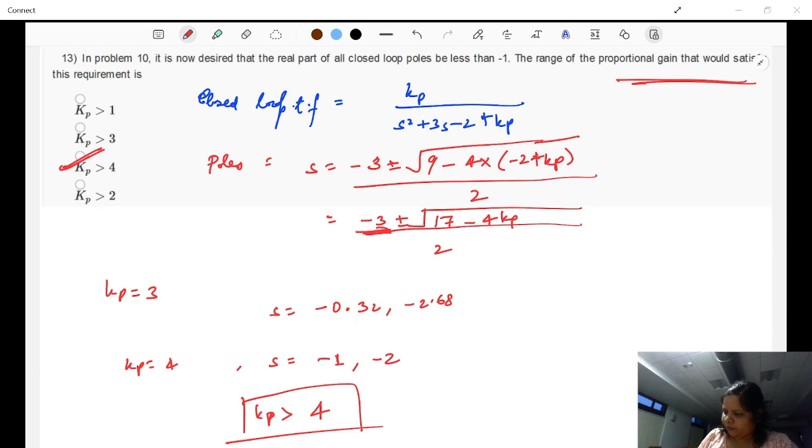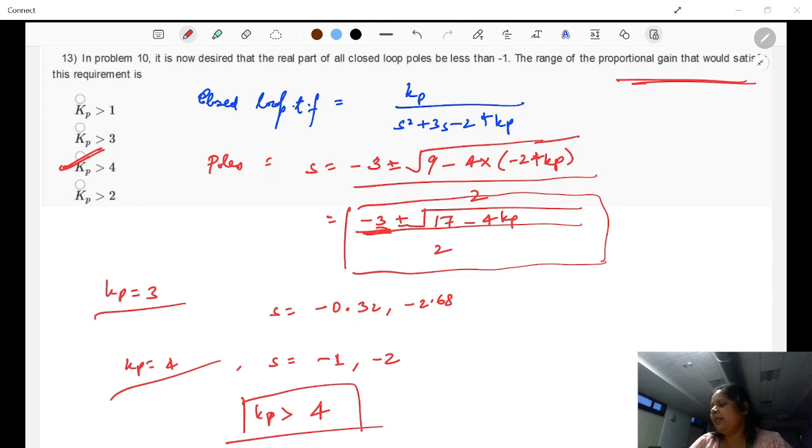There are two ways of checking. One is using the approach that I have shown you. Another approach is that you put conditions here so that you get this pole to be less than -1. Okay, so you can write it to be less than -1 and then you can go on solving for Kp. Yes, ma'am. Both of these ways are possible. Since we had the options, this was an easier approach.